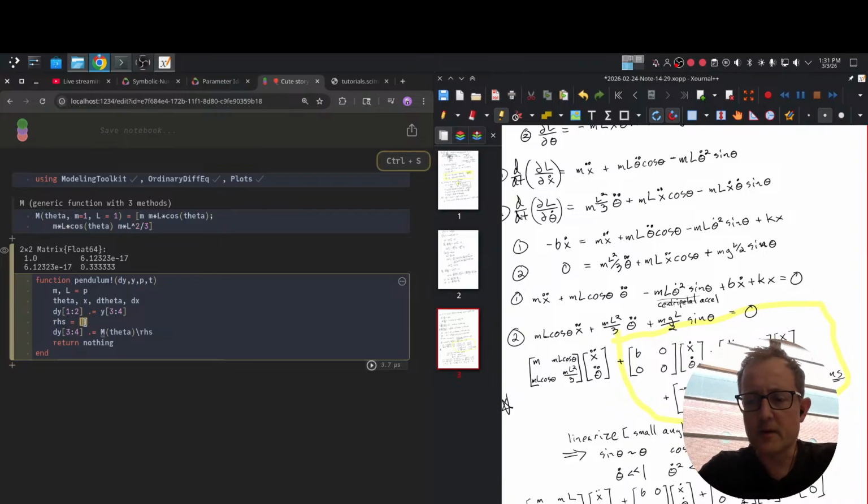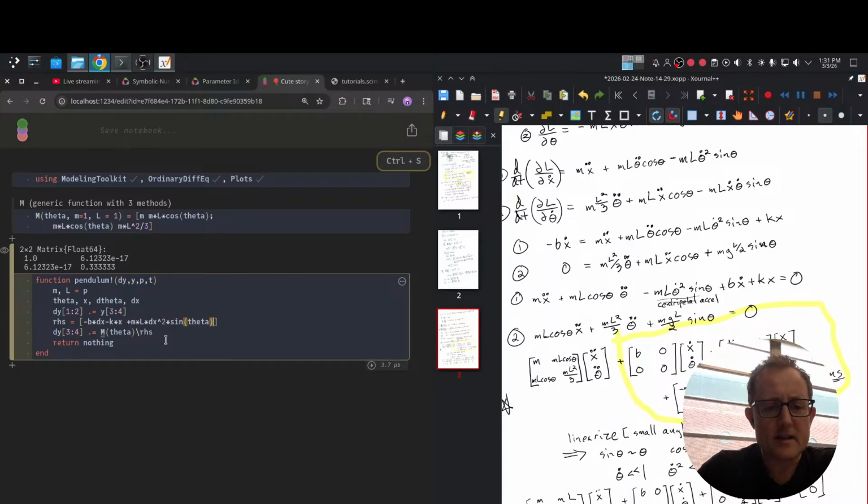So the first equation is a negative b times dx, and plus a k times x. Minus kx, and then plus m times l times dx squared, and then times sine of theta, and that one's a positive.